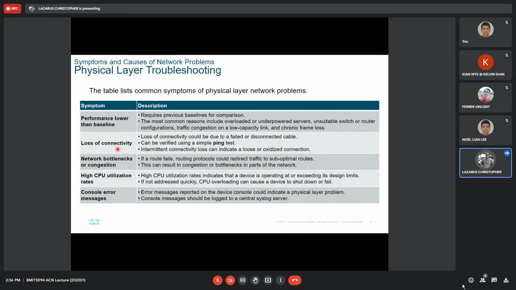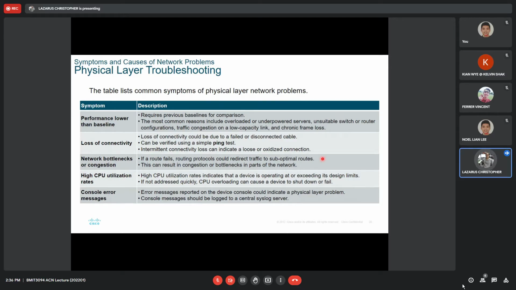Another symptom is network bottlenecks, or congestion. Routers usually choose the best route as the main route. So if suddenly you get congestion and you check there's no increased traffic because of transactions, then you might think, hang on, maybe one of the main routes from the router is down.